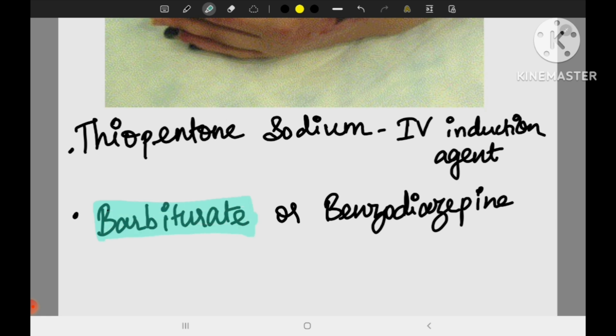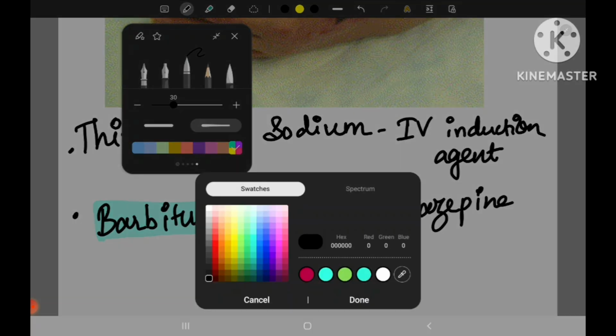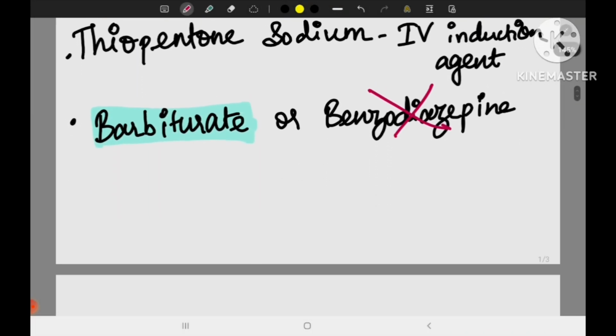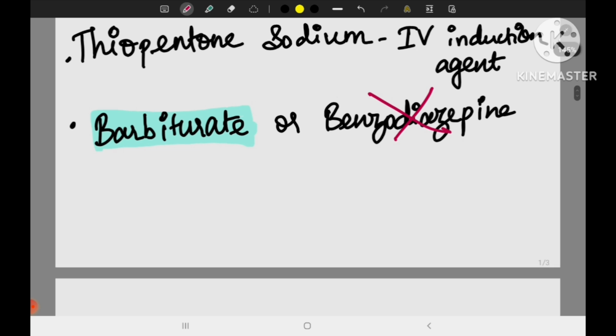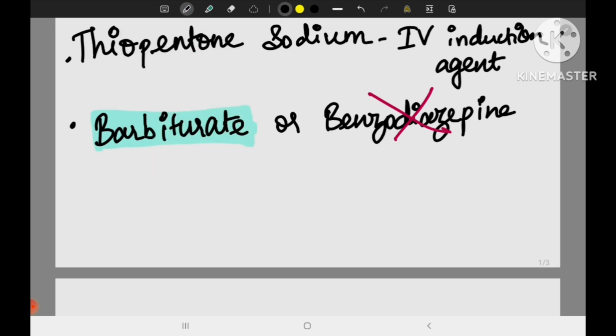Please remember that, and please don't make a mistake in it. Thiopentone sodium is a barbiturate and it is not a benzodiazepine.